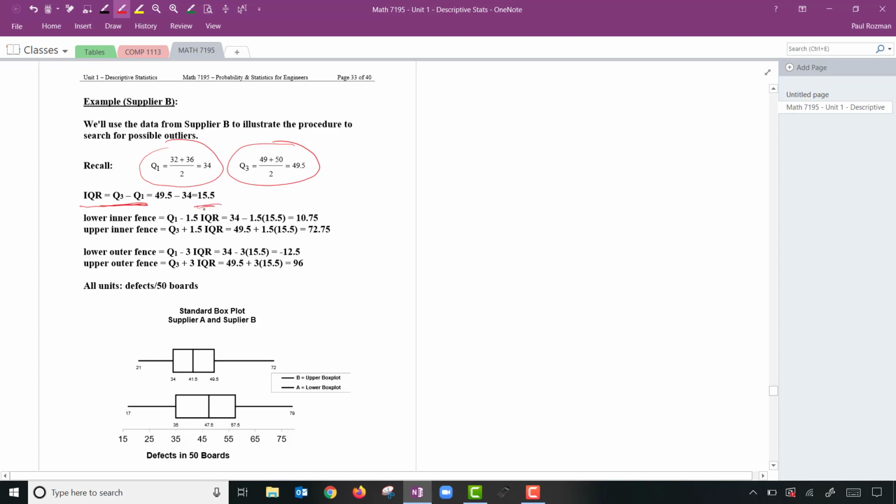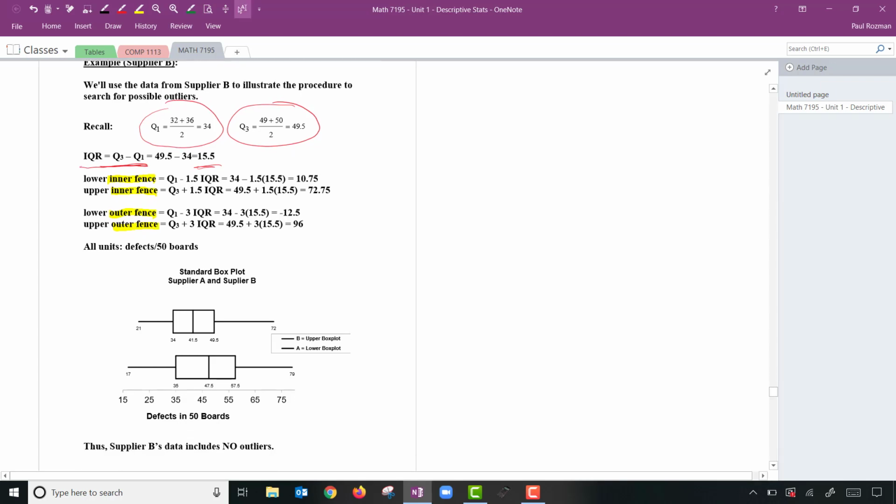Then I just plugged everything into the formulas for the inner and outer fences. I didn't write it out for you here. I think that you can follow this. So basically, we calculate our fences and we can determine if there are any outliers in our supplier B data. Our inner fences for supplier B were at 10.75 and 72.75.